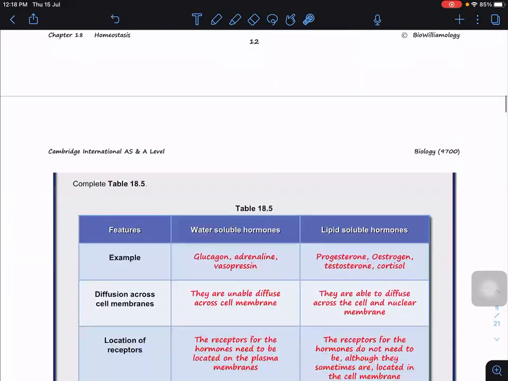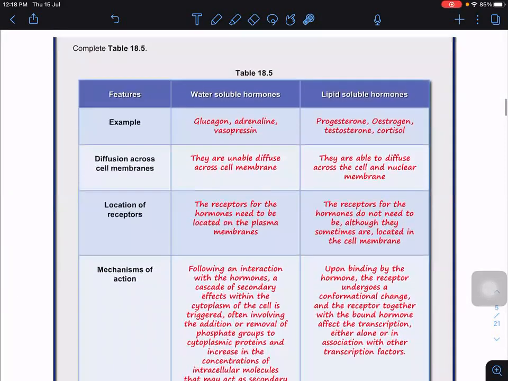Okay, so these are very important. Please highlight, because a question asked before was to compare these two kinds of hormone. Okay, and for water-soluble hormones, we are going to use glucagon and adrenaline as our model. For lipid-soluble hormones, we're going to look at progesterone, estrogen, testosterone, and cortisol as our model.